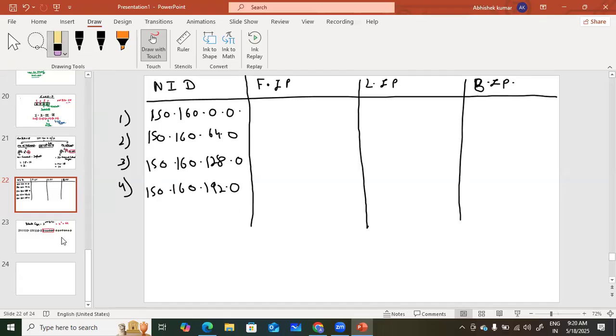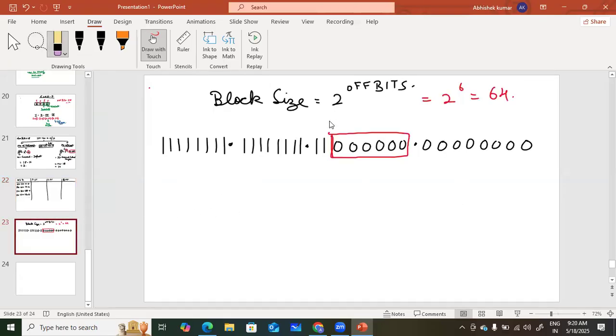Everyone understood this concept of block size? Anyone want to ask anything? No one? Okay, let's go on. What will be the first IP?